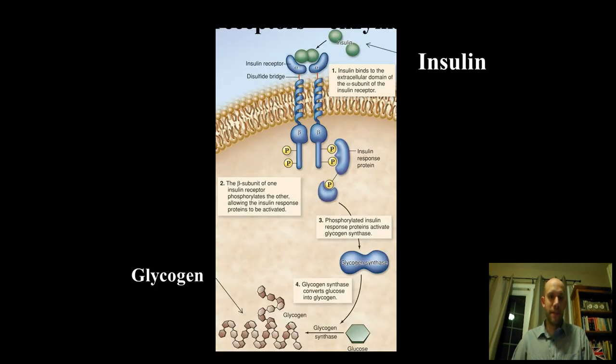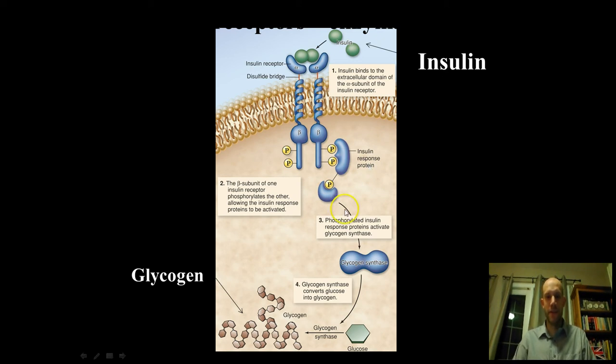A nice example of this is insulin. Here we have a protein kinase. Insulin, this hormone, remember, that is released when there is an excess of blood sugar, is detected by the insulin receptors on the surface membranes of the liver cells and muscle cells. The protein kinase phosphorylates this insulin receptor response protein on the inside of the cell membrane.